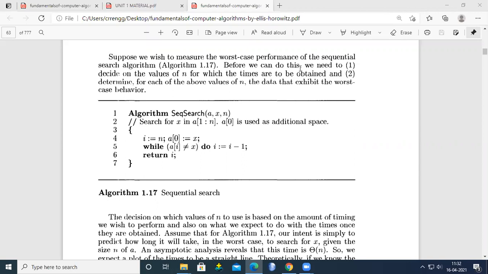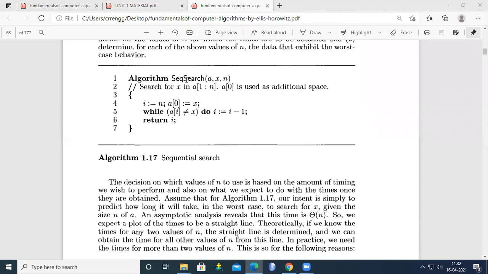Before we can do this, we need to decide on the values of n for which the times are to be obtained. The second point is to determine, for each of the above values of n, the data that exhibit the worst case behavior. Take the sequential search algorithm. We are taking three arguments a, x, n: search for x in a of 1 to n.